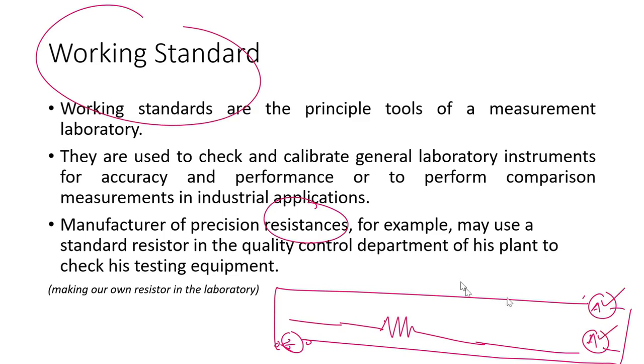So when both the resistance and this wire give the same result, we say that this resistor is equal to the manufacturer's provided result. So this is a demonstration of a working standard. We have this as a working standard and we are creating our own things with it. So making our own resistor in the lab is by usage of a working standard, a resistor that is bought from a shop.